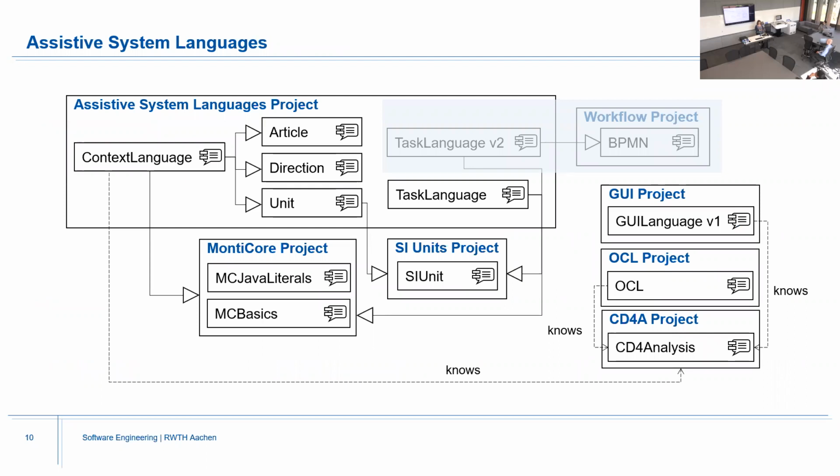So when I'm talking about the context language, I'm talking about a language which embeds its own language component, the article component, which is taking, in this case, German articles, because then you can put sentences together. We have terms for giving directions, so that you can have relative directions between objects.